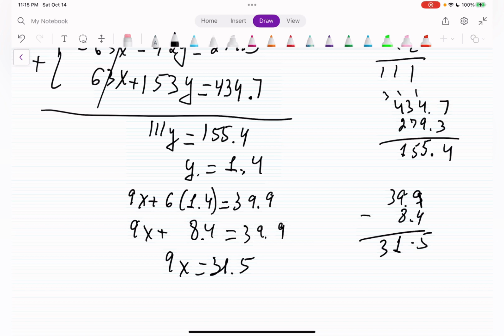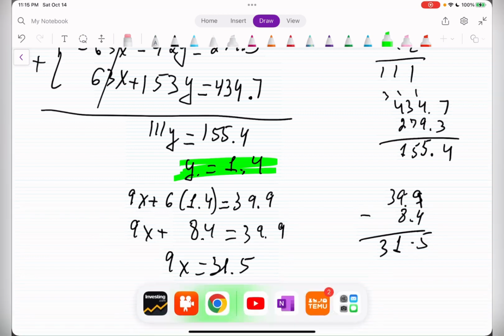Let's divide by 9. 31.5 divided by 9 is going to be 3.5. So I mean 1.4 and 3.5.